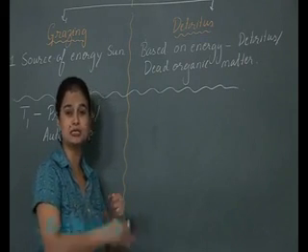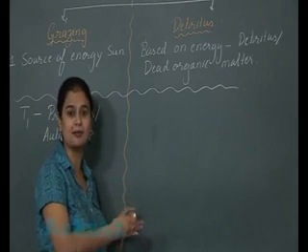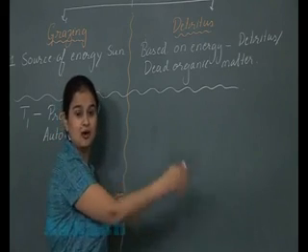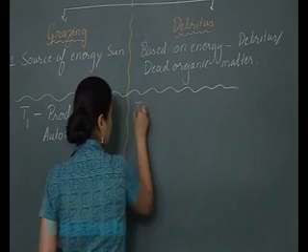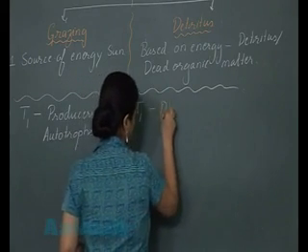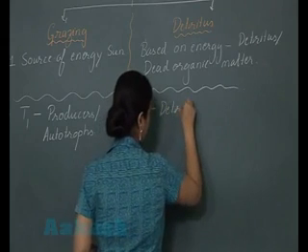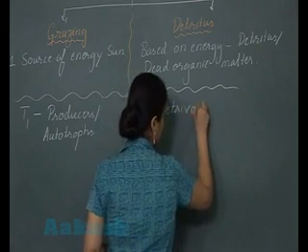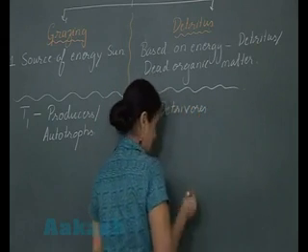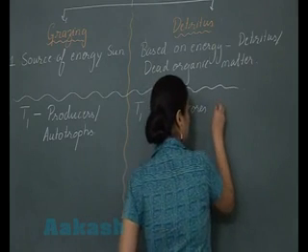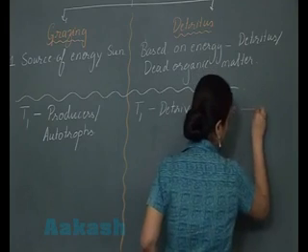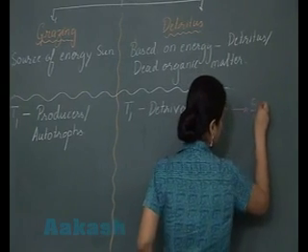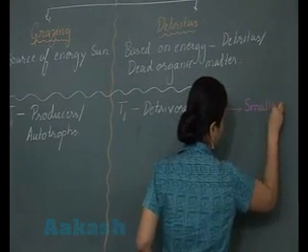They convert the large organic matter into smaller pieces. So here the first trophic level is formed by the detrivores. And what is the function of the detrivores? They are going to convert the large pieces of the organic matter into the smaller ones.